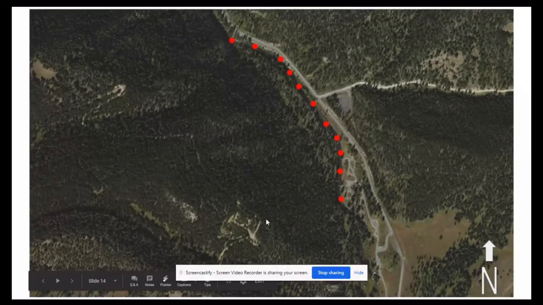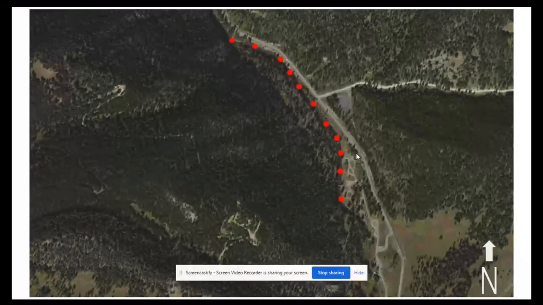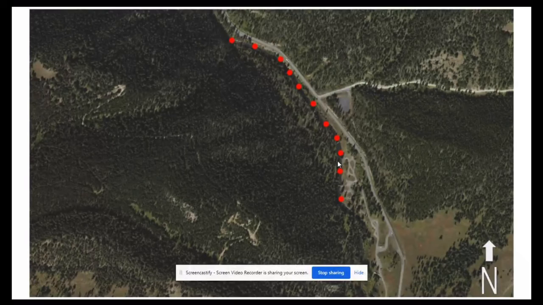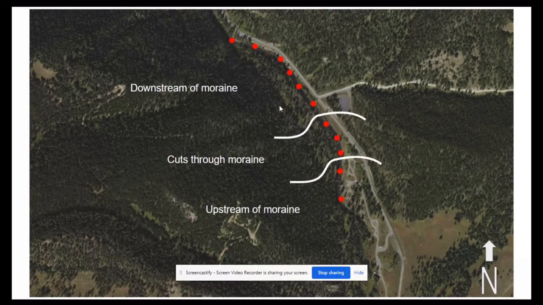Here we have the Langer campground and generally the Bull Lake moraine. Each of these dots represent a division of a stream reach that we want to categorize. We have 5 reaches downstream of the moraine, 2 reaches upstream, and 3 reaches within the moraine. We hypothesize that the largest sediments will be as the stream is cutting through the moraine.